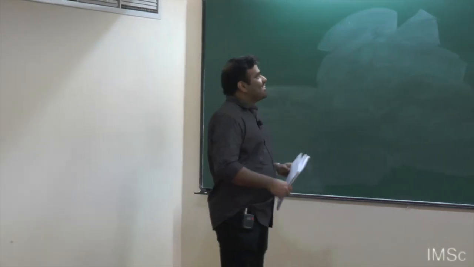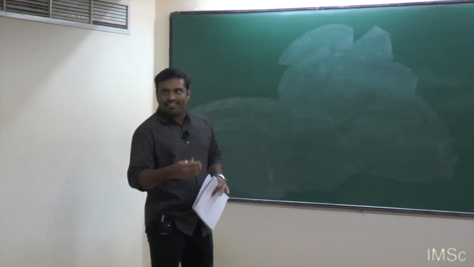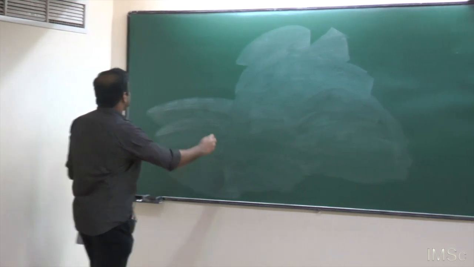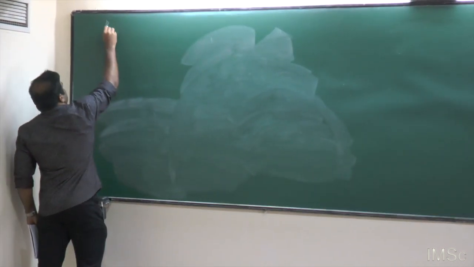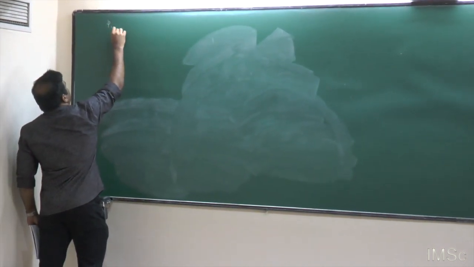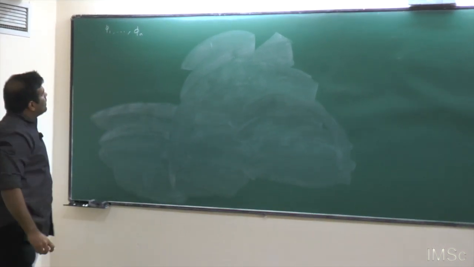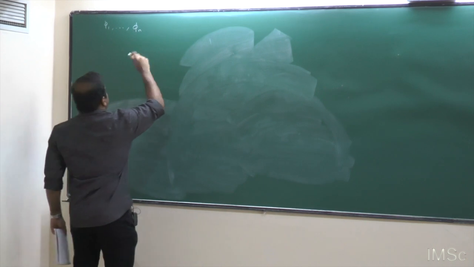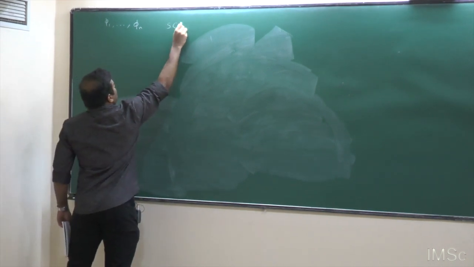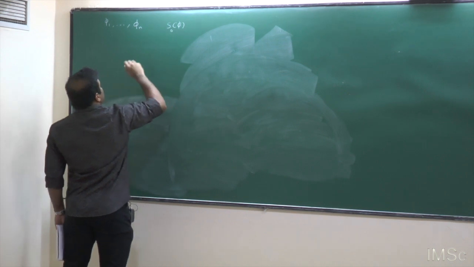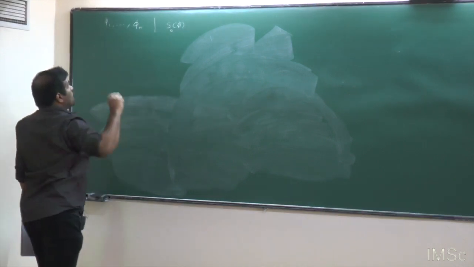Okay. Last time we considered a general quantum field theory. It's a gauge theory having fields phi 1 to phi n, and we assume that this theory has a classical action S0 of phi.